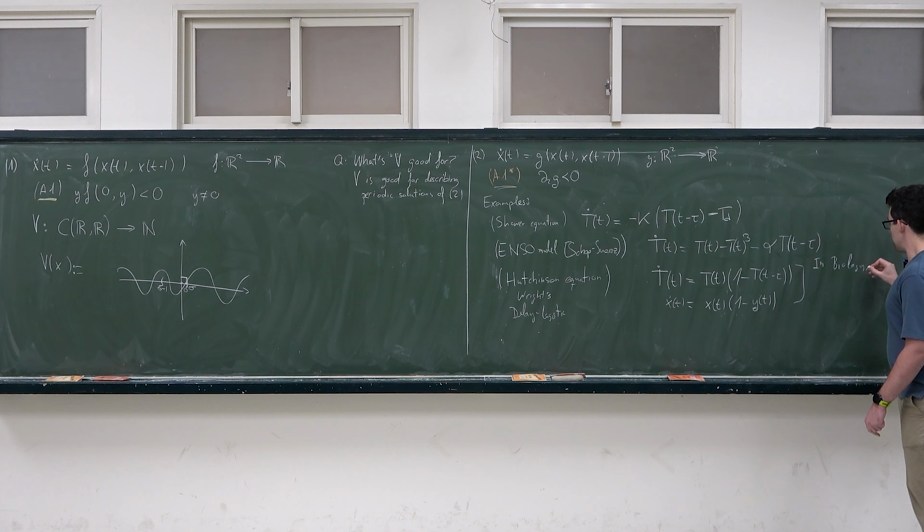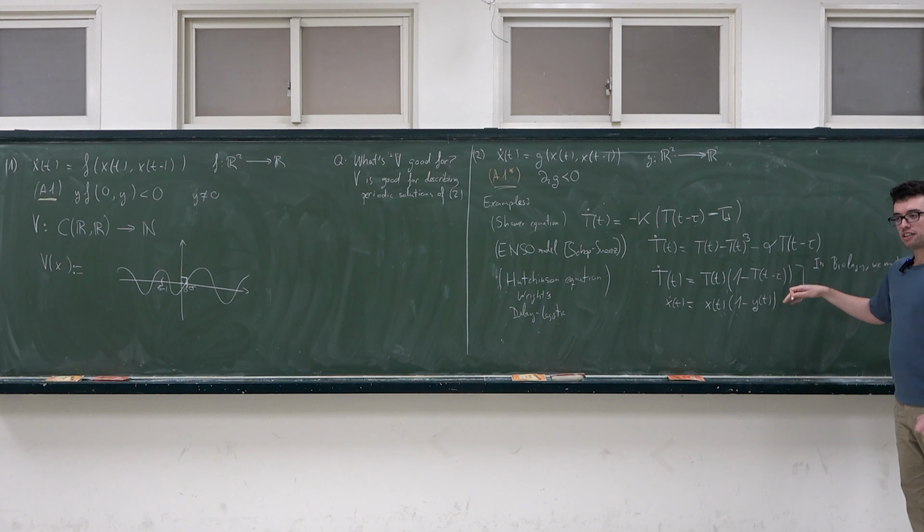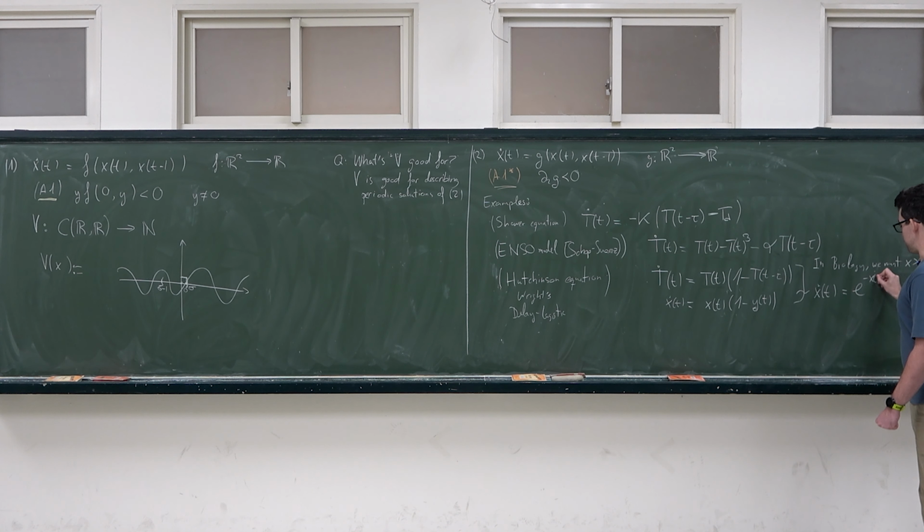So in biology, we want X positive, and then there is a certain change, exponential of something. I will not do it here because then I will mess it up. But essentially, this equation, at least for positive solutions, is equivalent to an equation of this type, with minus tau minus 1. And now this went back into the monotone feedback, right?